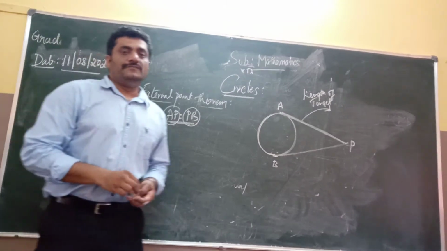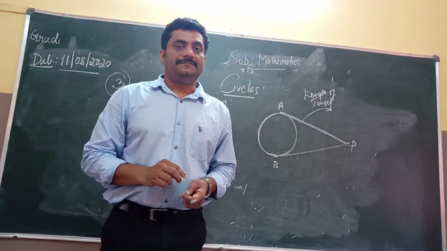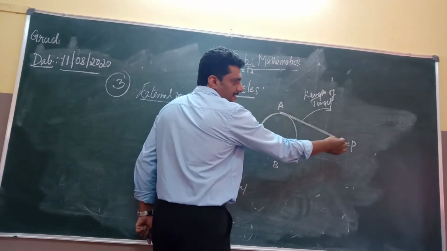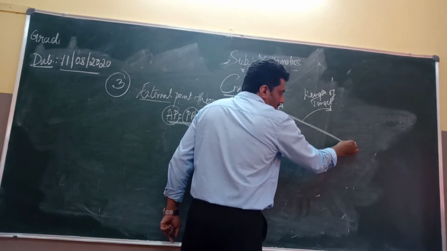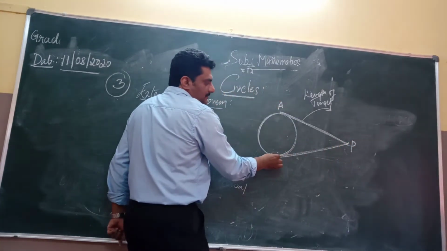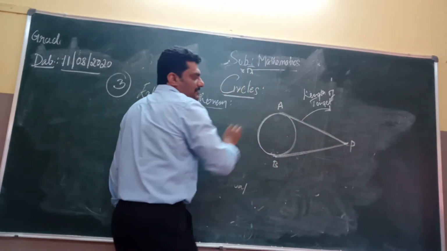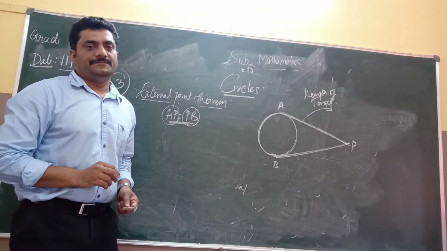The length of a tangent drawn from the external point. This is the circle, right? This is internal. This is external, the external point. If I draw a tangent like this, and from the same point I draw one more tangent, the lengths are equal. That is what they are telling.